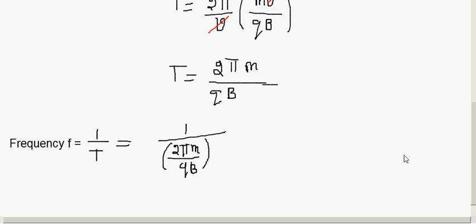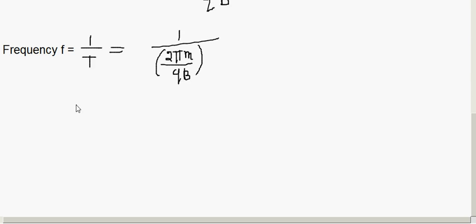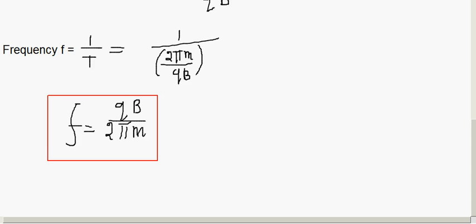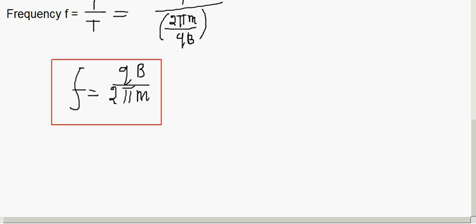Therefore frequency f is equal to qB divided by 2 pi m. Now if you see this expression, f depends upon q, B and m, but not on velocity.